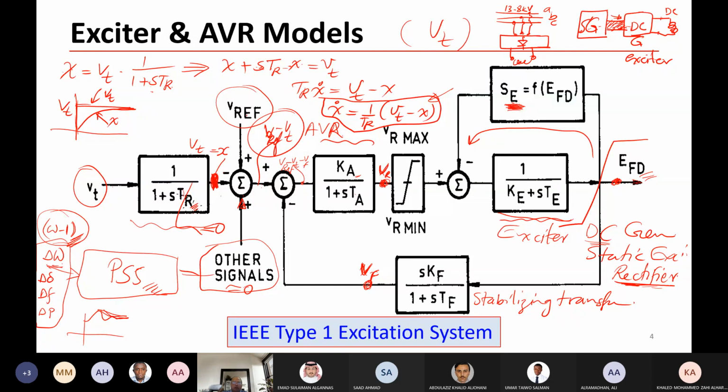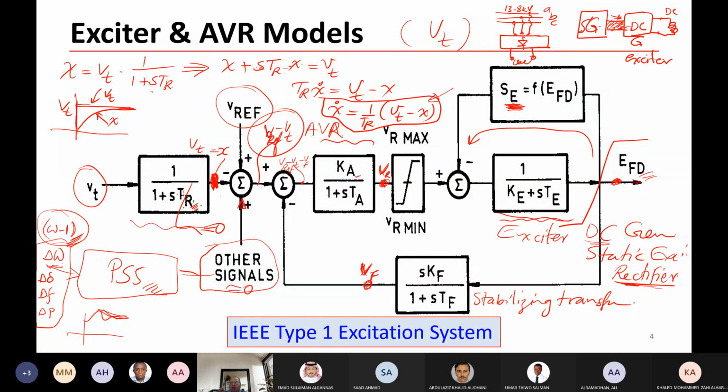So this signal will be multiplied by this block to get the VR, and this VR will be multiplied by 1 plus sTA, so VR dot times TA equal to KA times the difference here, so you can get VR dot.